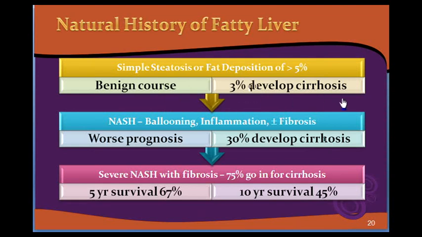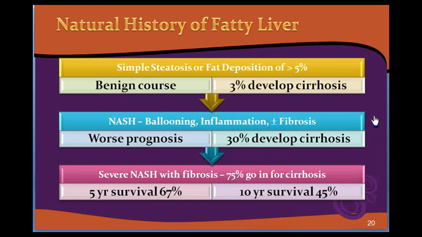Only 3% of these patients develop cirrhosis. So, this is the stage of prevention or early detection wherein we can institute measures to counter the insulin resistance, reduce the obesity, reduce the dyslipidemia, control the diabetes, and prevent the progression to the next stage.